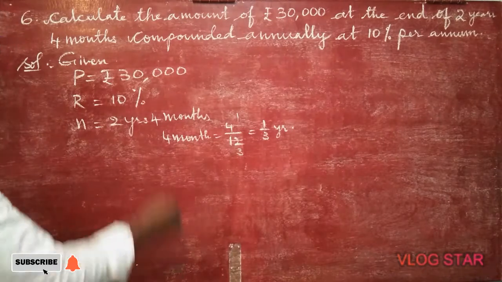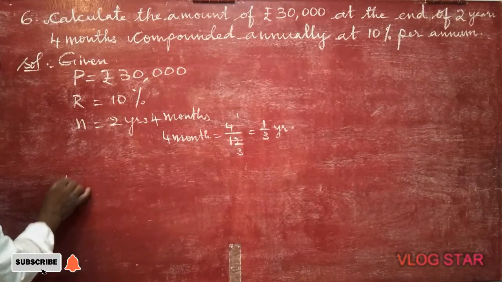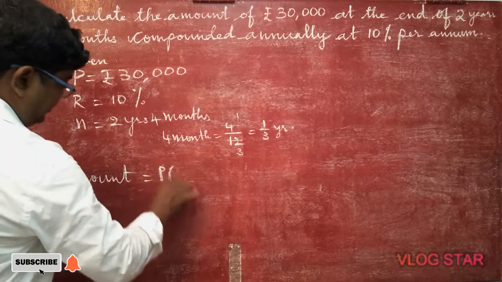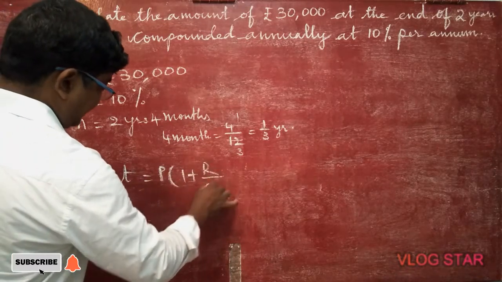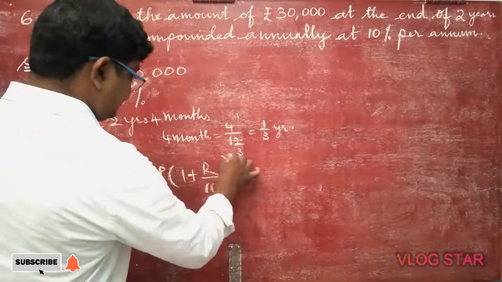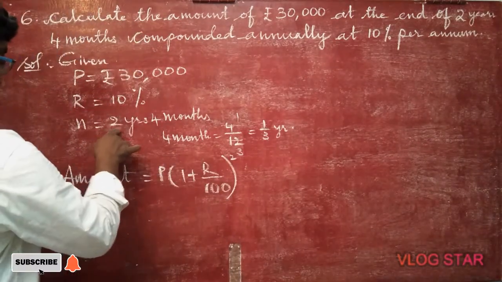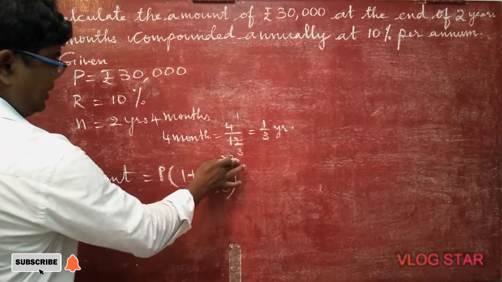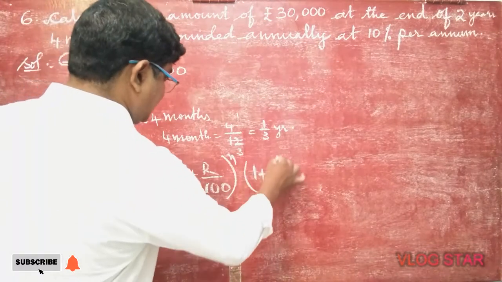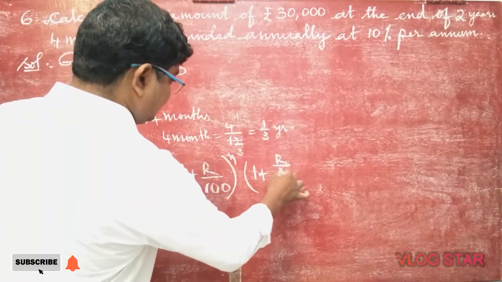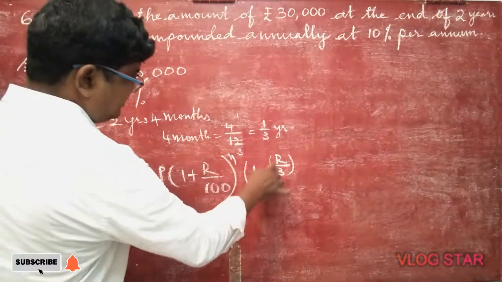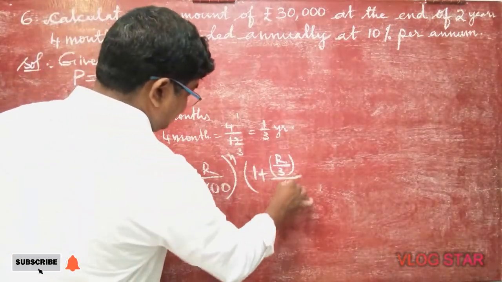Able to follow? So to find the amount, amount is equal to P into (1 plus R by 100) whole to the power of 2, because here 2 years. And for the extra 1/3 of a year, you write 1 plus 1/3 of this rate, R means here 1 by 3 of 10 by 100.